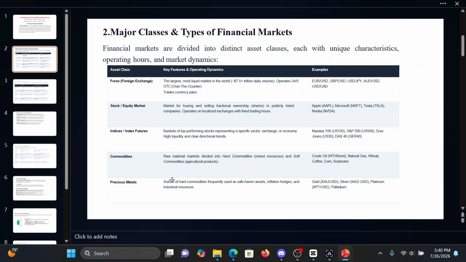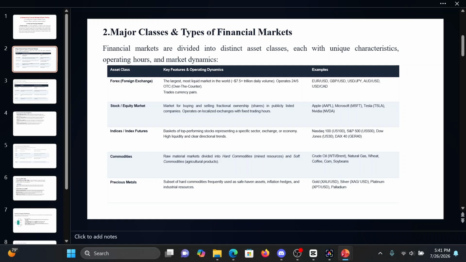Then we have what's called the precious metals. This is a subset of hard commodities, used as a safe haven asset, inflation hedges, and industrial resources. Just like the indices are part of stocks, precious metals are part of commodities. People seek to hide their money in them to protect themselves from inflation, and others use them as industrial resources because of the demand by the industry, so they know they can make money as the price keeps appreciating over time.